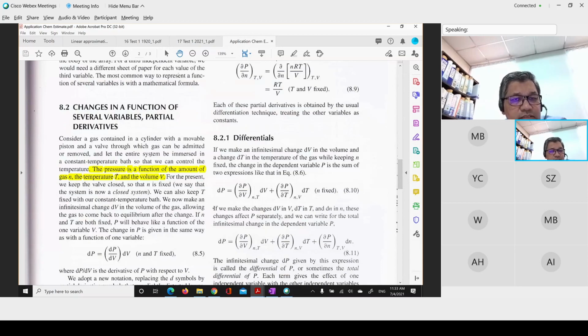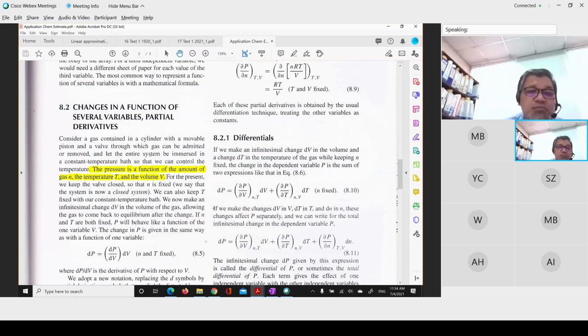One example is the pressure. Consider a gas contained in a cylinder with a movable piston and a valve through which gas can be admitted or removed, and let the entire system be immersed in a constant temperature bath so that we can control the temperature. The pressure is a function of the amount of gas N, the temperature T, and the volume V.